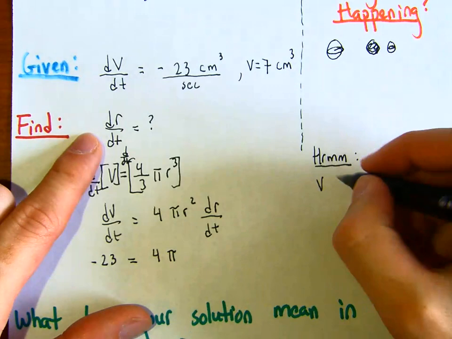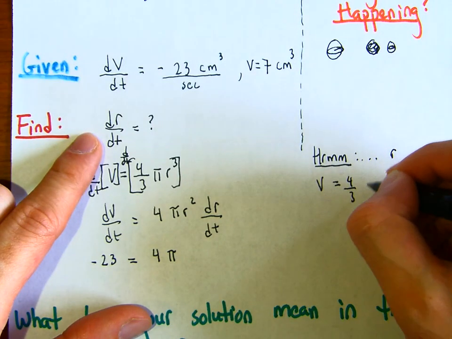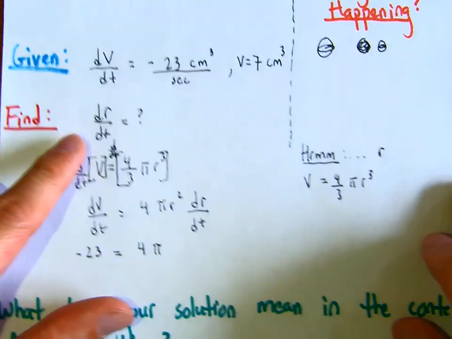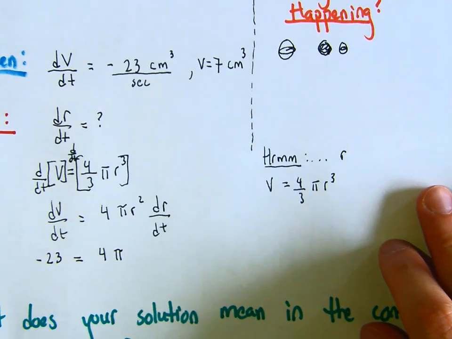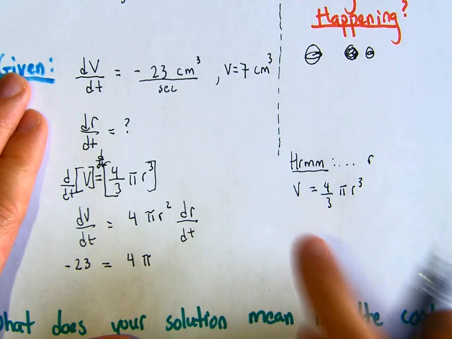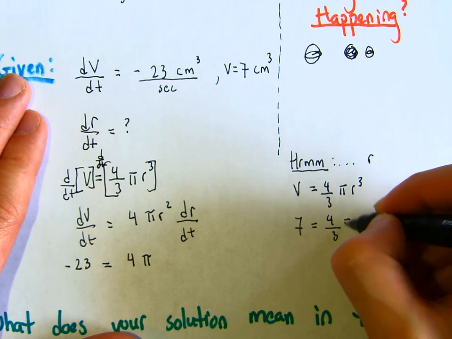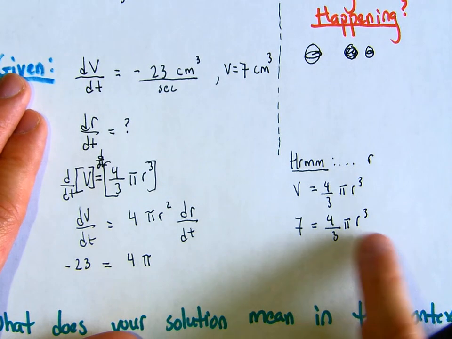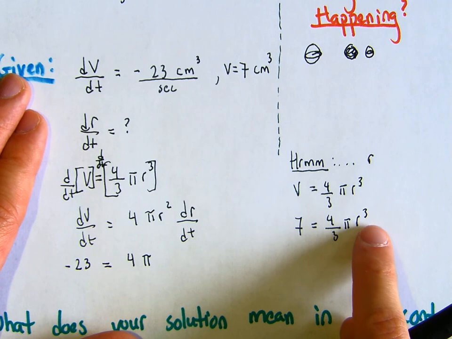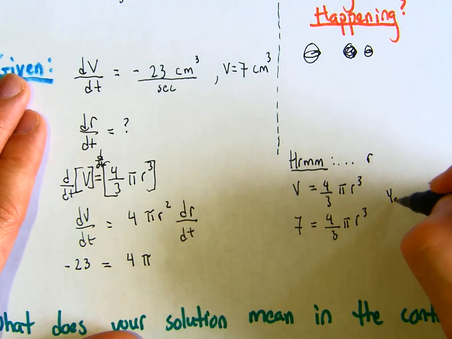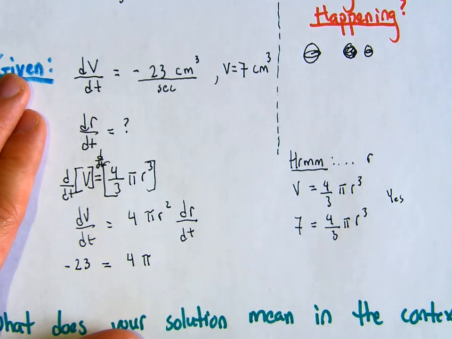If V is equal to 4/3 pi r cubed, and you know that the volume is equal to 7, then 7 is equal to 4/3 pi r cubed. Do you have enough information to find the radius? Yes, you do.